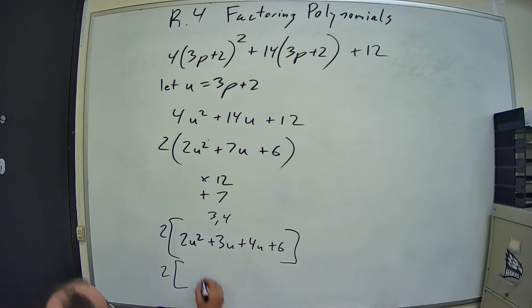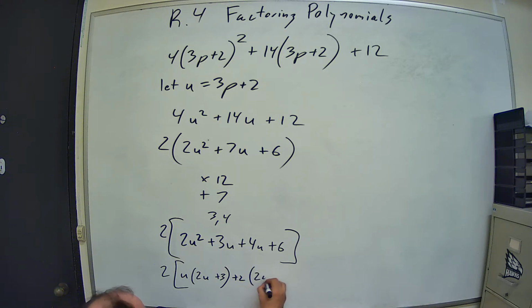Keep that 2 out there. Factor out a u times 2u plus 3. Factor out a 2 plus 2 times 2u plus 3. Well, that works out nicely, giving me 2 times (2u plus 3) times (u plus 2).